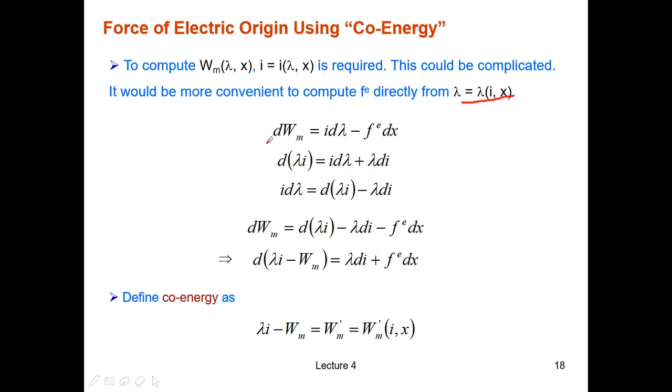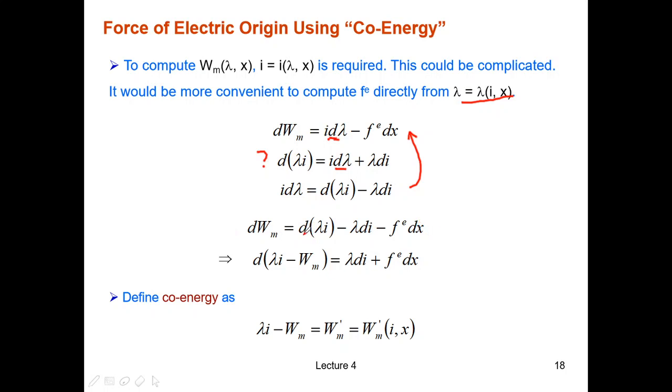So first we calculate the dWm, which is this. We see that d of lambda I will be I d lambda plus lambda di. So we see the two components here. We see I d lambda here and there, and therefore I d lambda would be d of lambda I minus lambda di. So we plug this into this, and we get this.